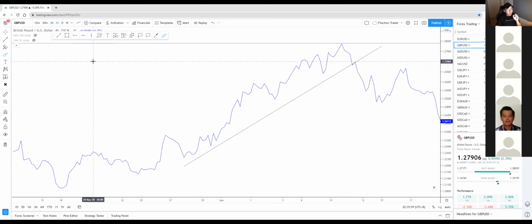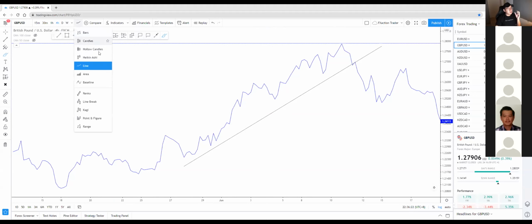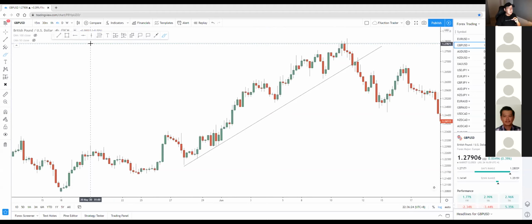In the line chart, you can see that the market is in a very clear uptrend condition, because a line chart only deals with the closing price. This is a very good tool to identify the trend when you are unable to spot it clearly.